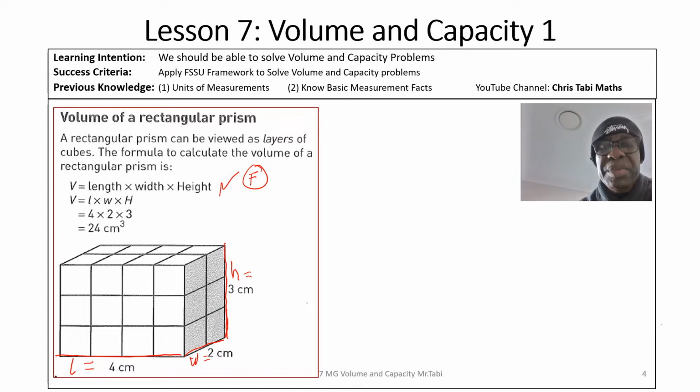So in problems like this, you extract all the information which is given to you, and then you go to the formula and you do the substitution. So FSSU means you write the formula down, you do the substitution, and then you simplify, and then you attach your units. Right. So it is 4 times 2 times 3, and that gives us 24 cubic centimeters.